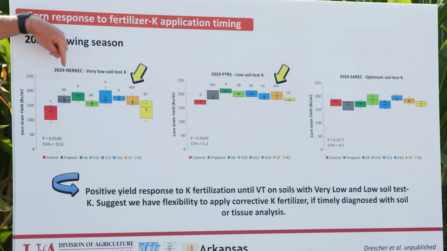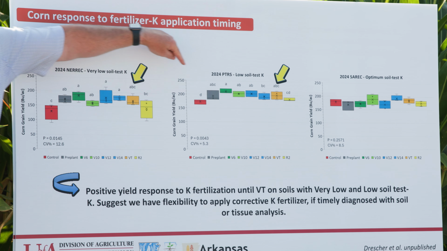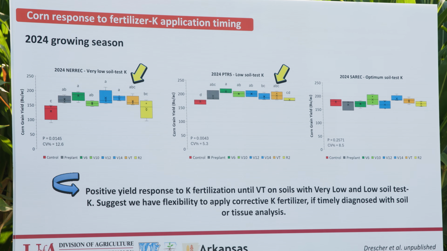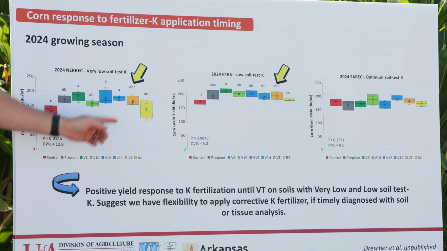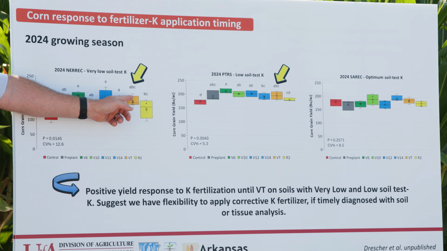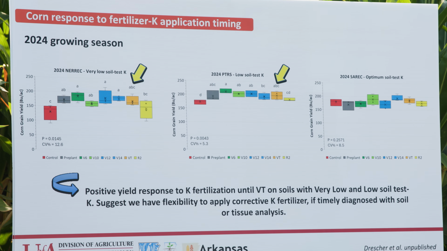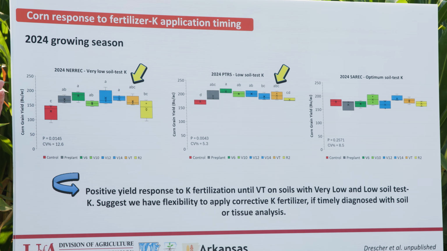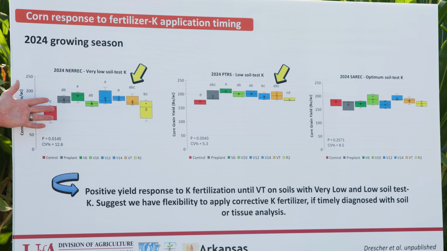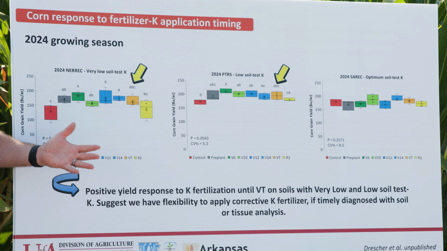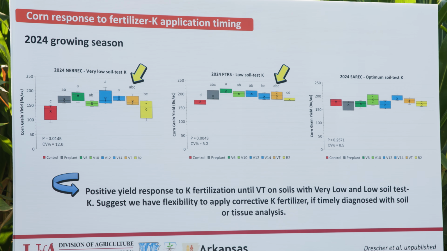What you'll see is that for these two sites that were responsive, where we needed potash, we got basically maximal yield potential with a VT application. So if we start to define that window of opportunity for potash application in corn, all our data is saying as long as you get your potash out by VT, you can maximize your yield potential.